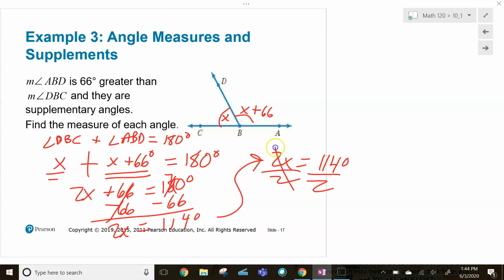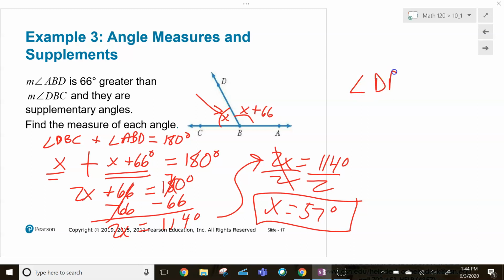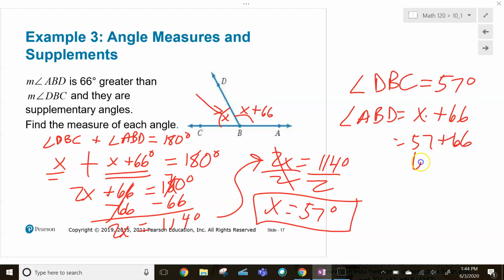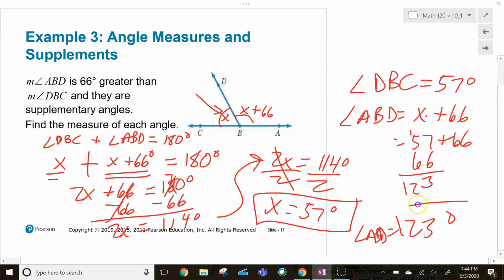Divided by 2, X equals 57 degrees. So angle DBC must be 57 degrees. Since angle ABD is that one plus 66, we have 57 plus 66, which gives you 123. That's angle ABD: 123 degrees.